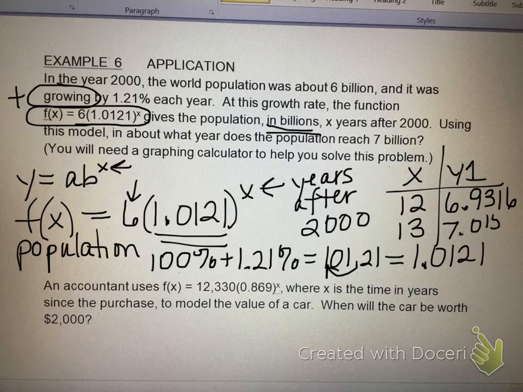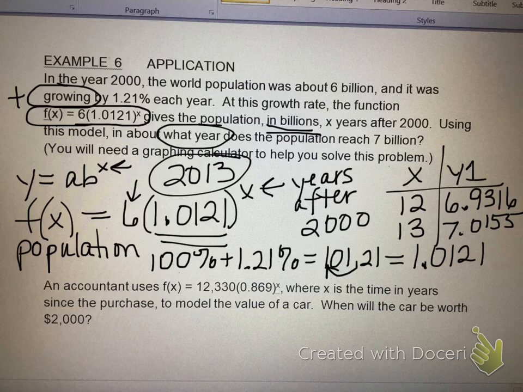So if it is 13 years after the year 2000, what year is that? That's right, 2013. That's the first time we see the population switch to 7 billion, in 2013.